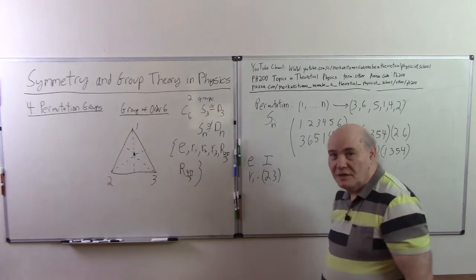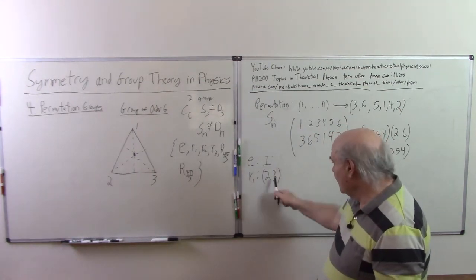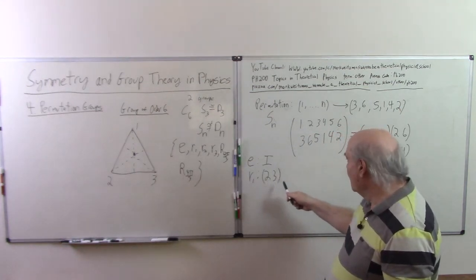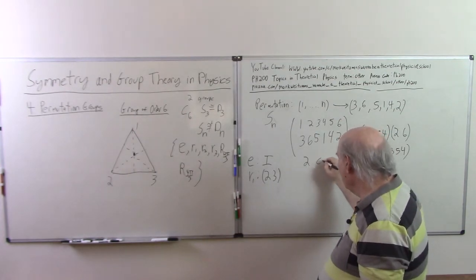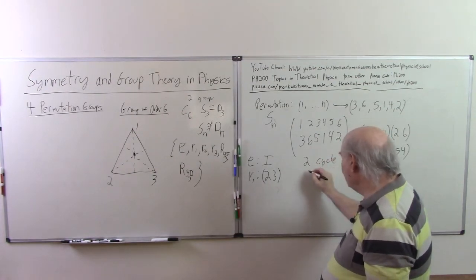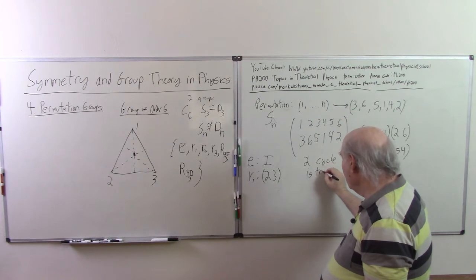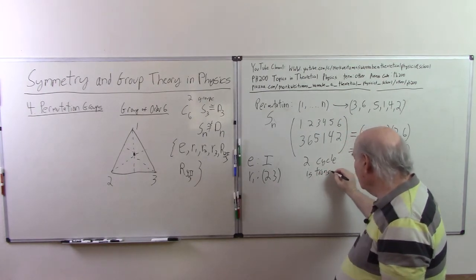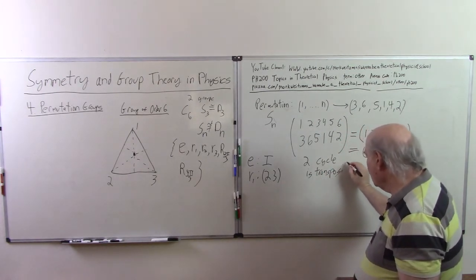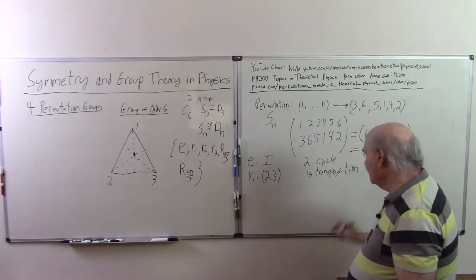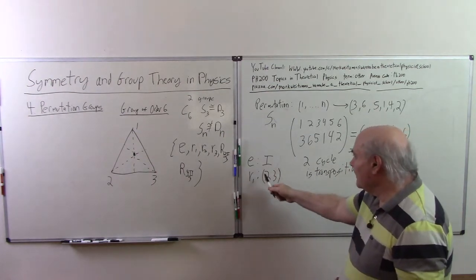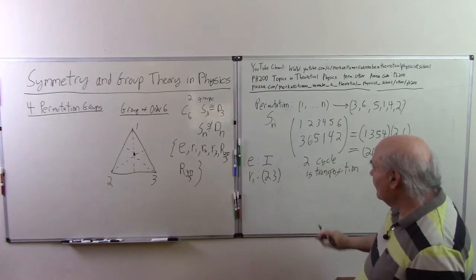Now, let me give you some more terminology. A 2 cycle is a transposition. You're just interchanging the 2 things, and all the other things don't change.